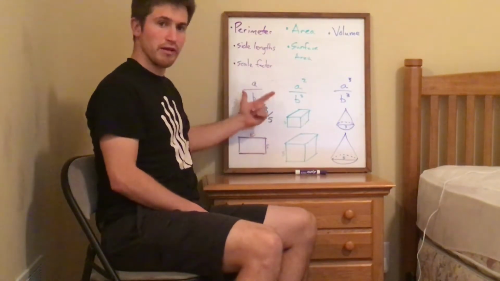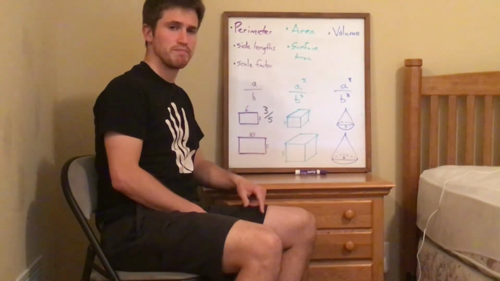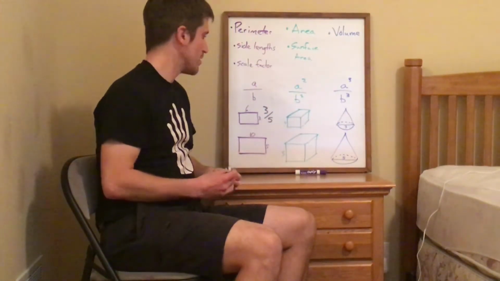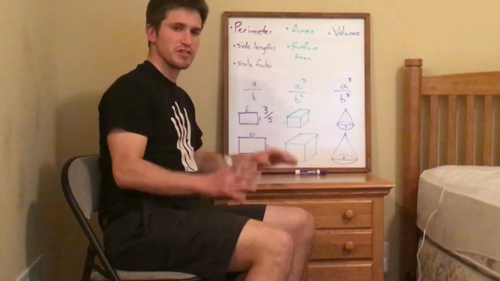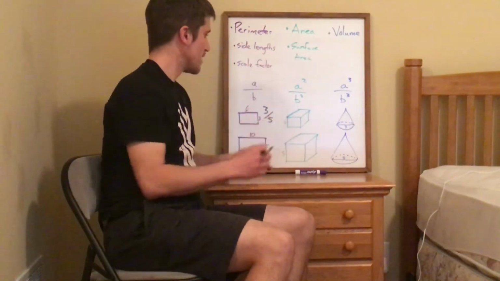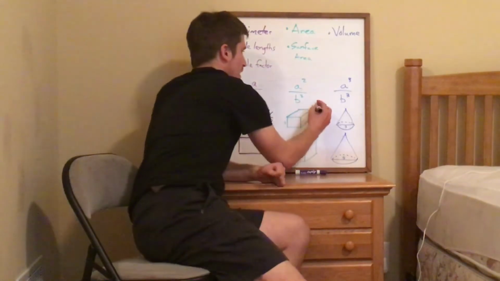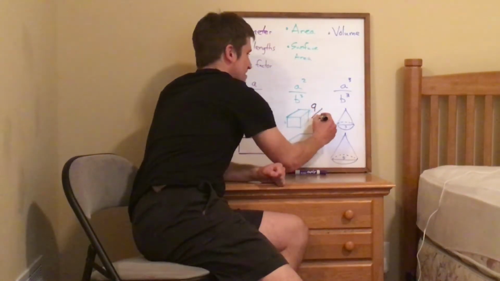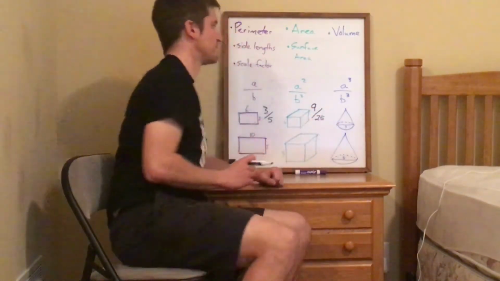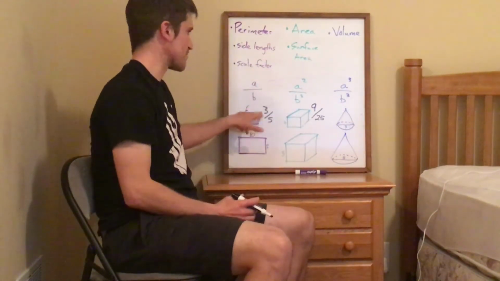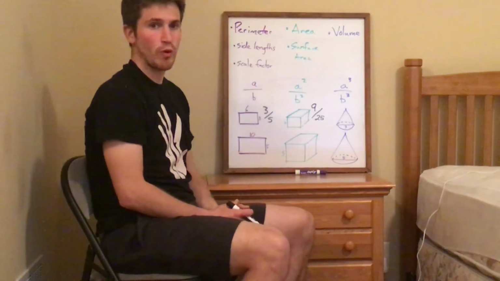There is a 3 to 5 scale factor, but if we started comparing the surface area, it would not be a 3 to 5 ratio. It would be a 9 to 25 ratio. It's related to my scale factor, but the numbers are squared.